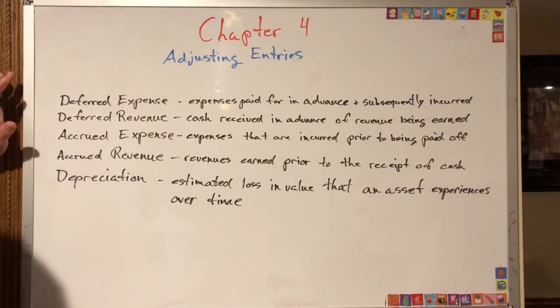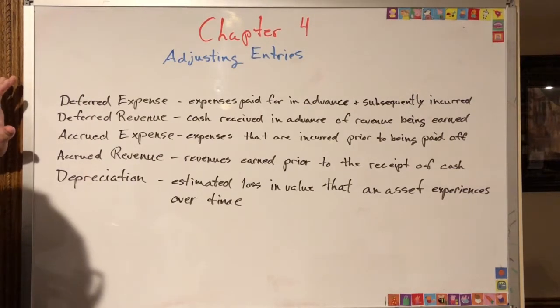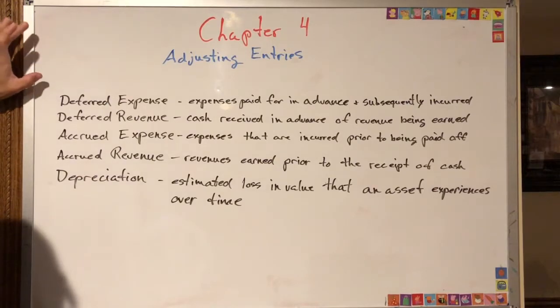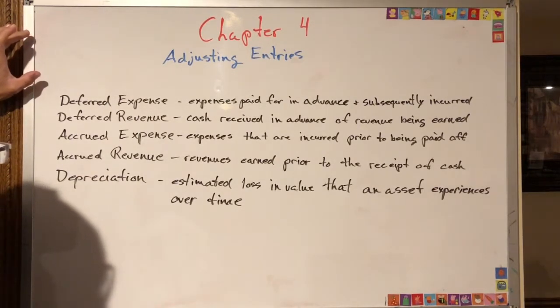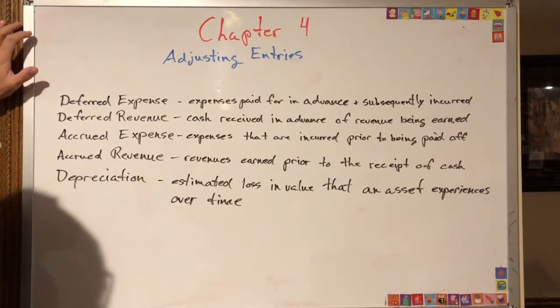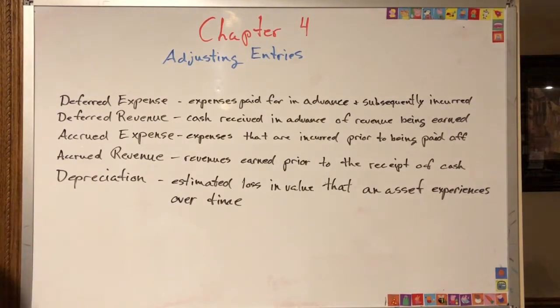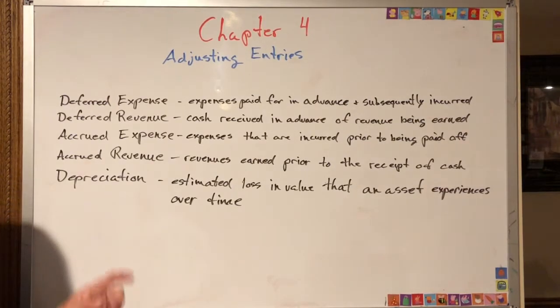All right, so when we are taking the information from the unadjusted trial balance to the adjusted trial balance, we need to take into consideration what accounts would have to be adjusted in order to put that information into the adjusted trial balance. So here are the reasons why we would have to adjust the entries.